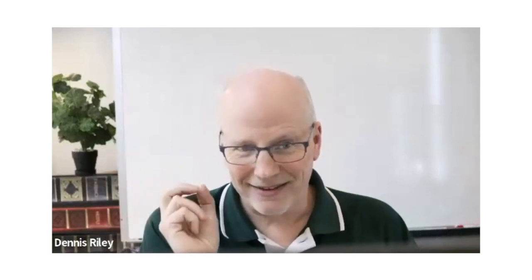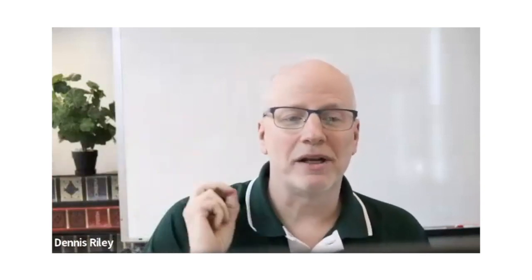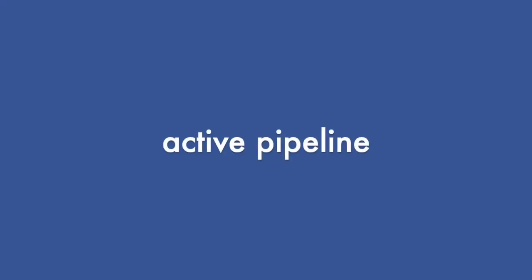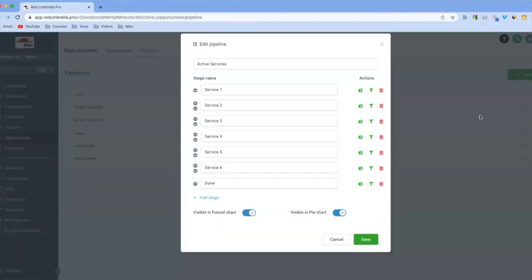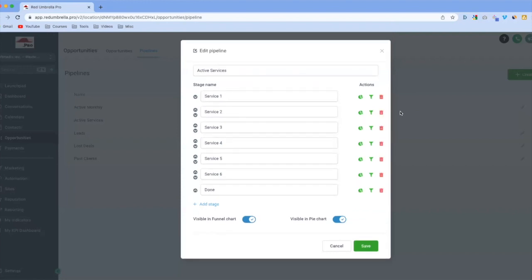Once you get your lead to a sale, you want to take that new client and put them in a new pipeline, and I like to call it the active pipeline. Now, how many steps in an active pipeline? Well, a lot of my customers offer different services to their clients.